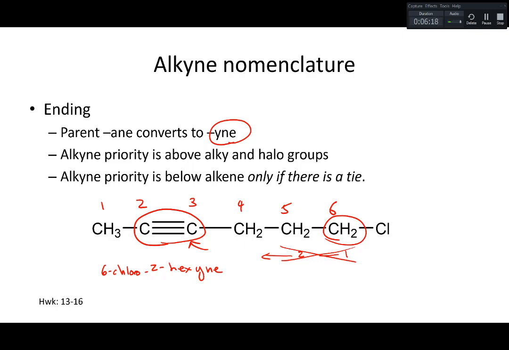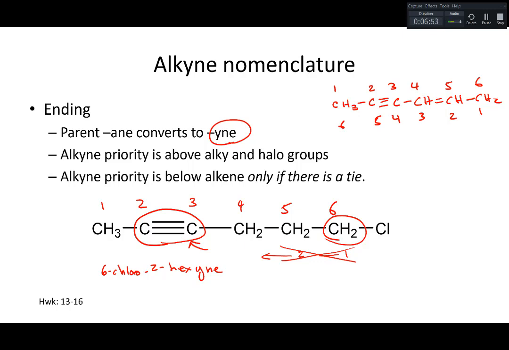Now, if there's an alkene present, let's say it looks like this. I'll do a triple bond here, and then C, and then CH, and then a double bond and a CH, and then a CH3. And you notice with this one, you can count 1, 2, 3, 4, 5, 6, or you go 1, 2, 3, 4, 5, 6, like that.